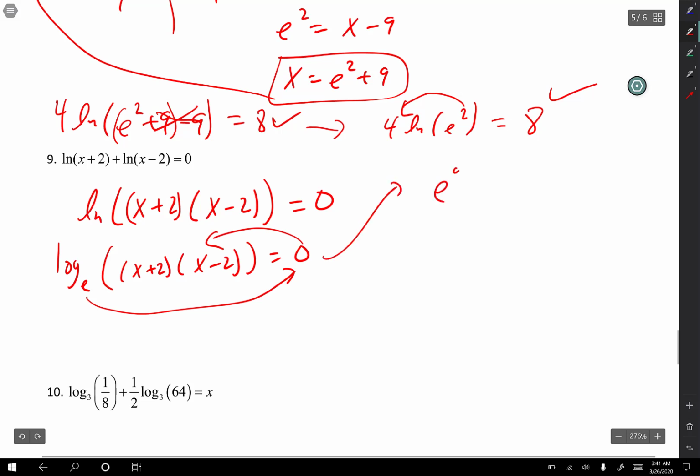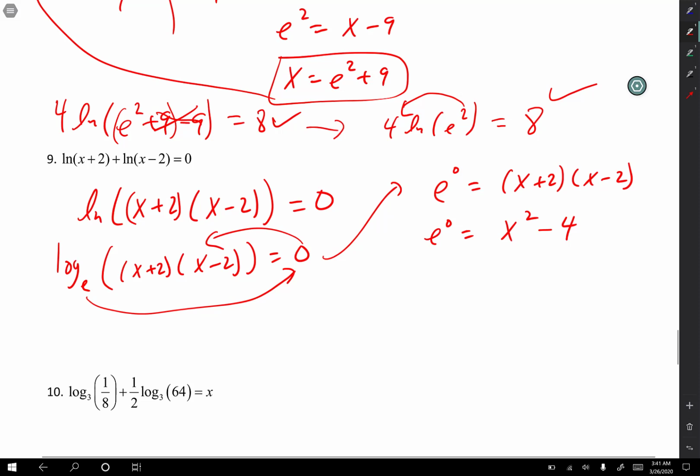So I'm going to write e to the 0 equals (x + 2)(x - 2). Hopefully you recognize this is the difference of squares, guys. If you don't recognize that it's a difference of squares, just go ahead and FOIL this out. So you're going to get e to the 0 equals x squared minus 4. E to the 0 is a 1. So 1 equals x squared minus 4.